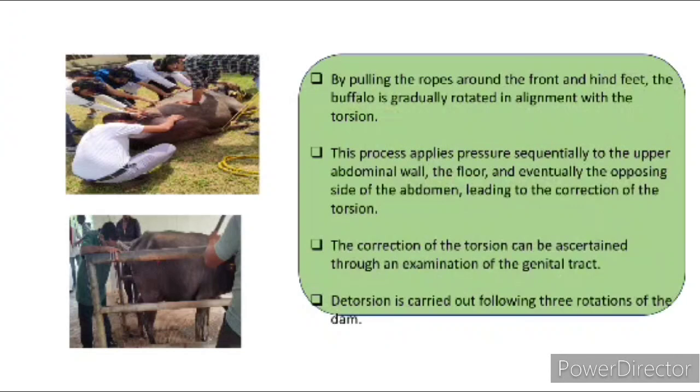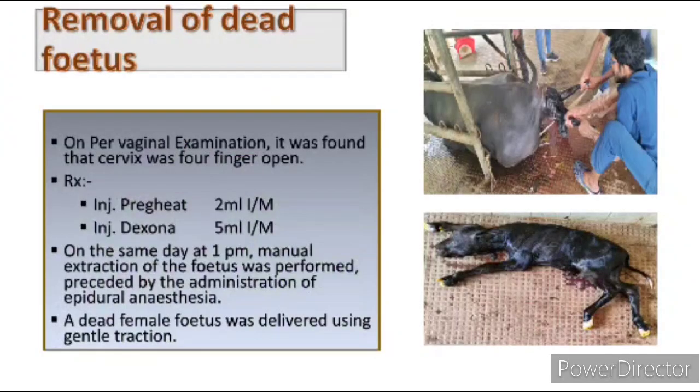Okay, so we have done 3 rotations for detorsion, and then we found on per vaginal examination that the cervix was 4 fingers open. That is not enough for the fetus to come out easily. So we have given Preg Heat and Dexona, and after 4 to 5 hours we checked, and then we extracted the fetus manually.